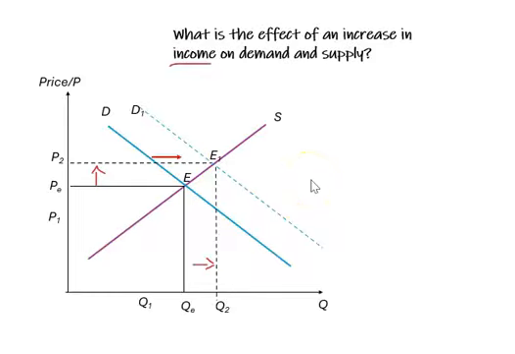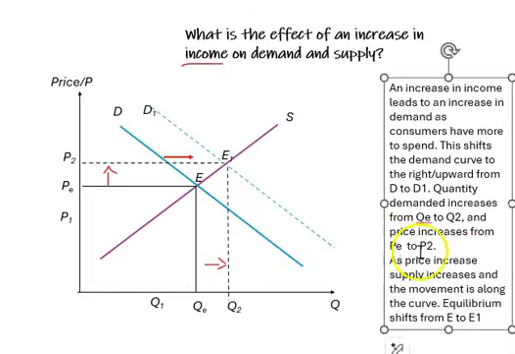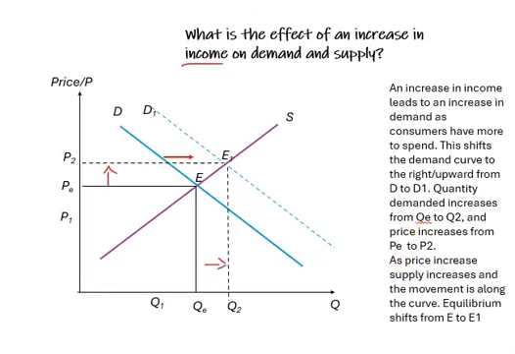And how do you explain your graph after drawing it? You say an increase in income leads to an increase in demand as consumers have more to spend. This shifts the demand curve to the right or upward from D to D1.